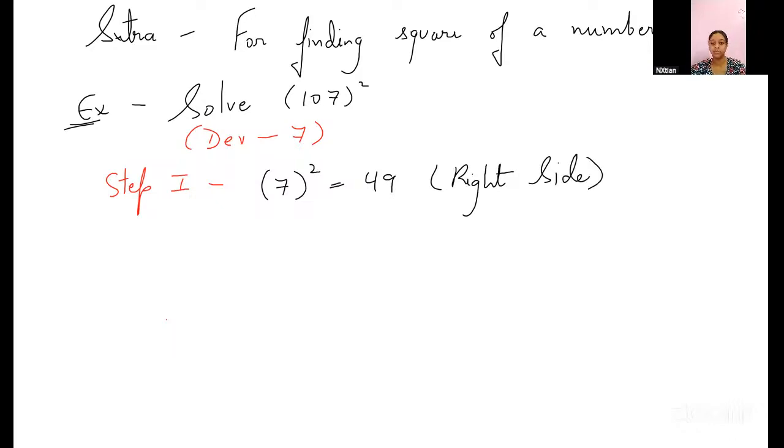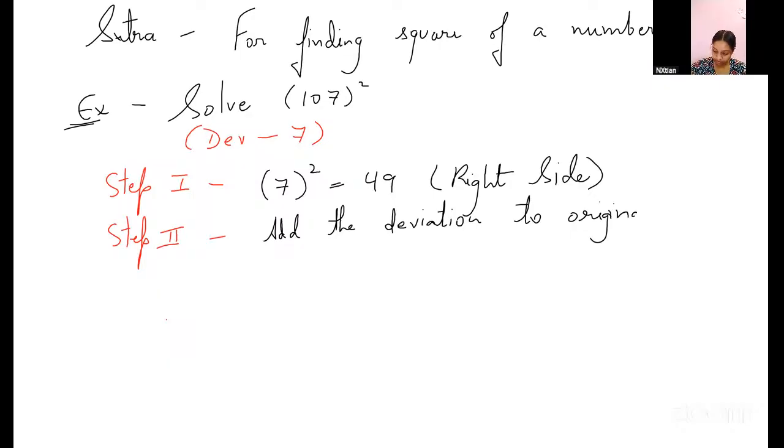Now the next step is to add the deviation to the original number. 107 plus 7, how much? 114.